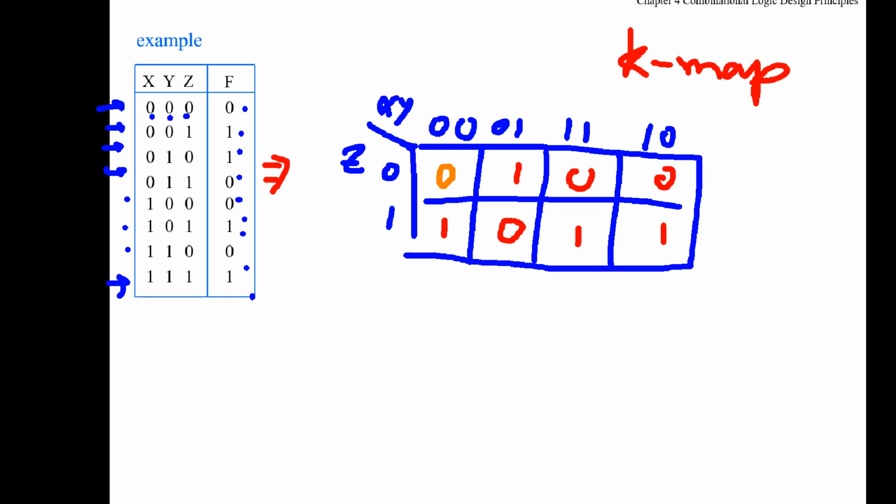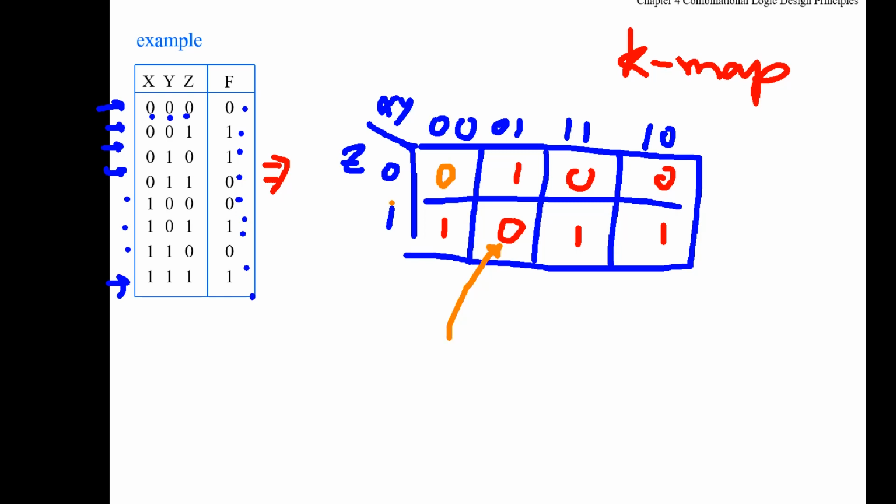Note one very important thing that you should know about the K-map. At first, the thing that you write in the table is the output value. The corresponding input we write outside the table.